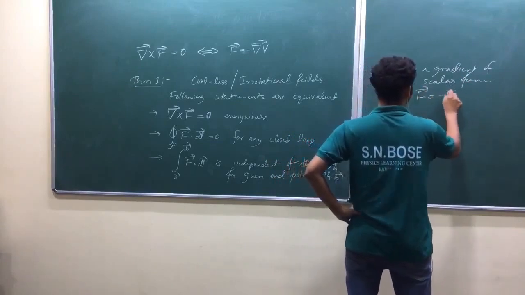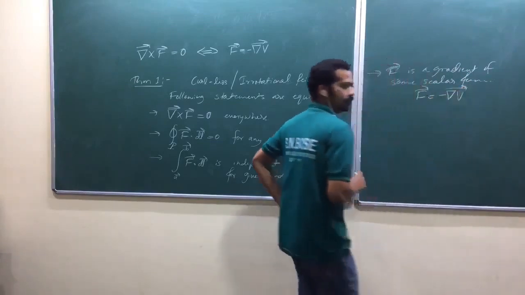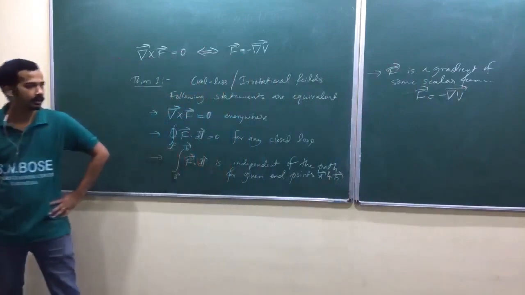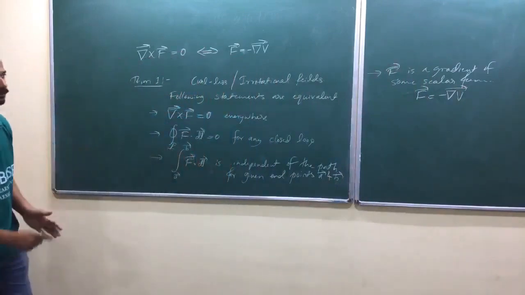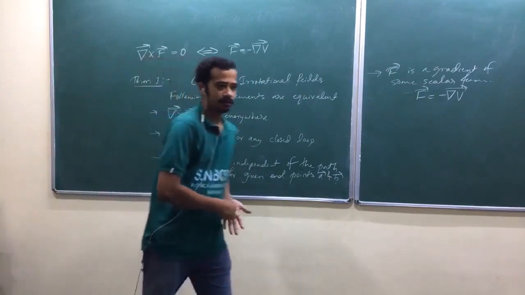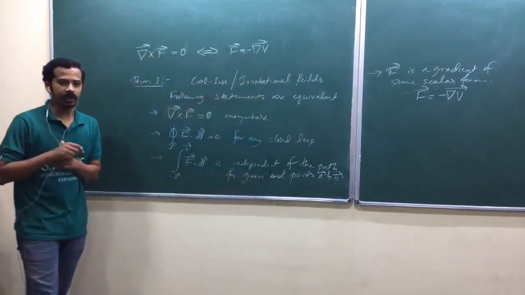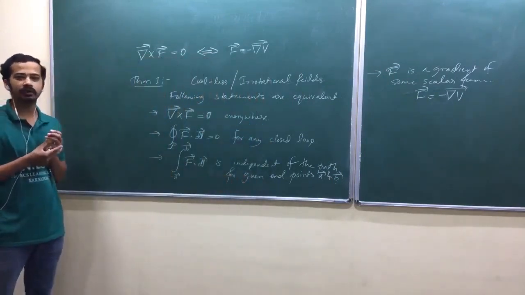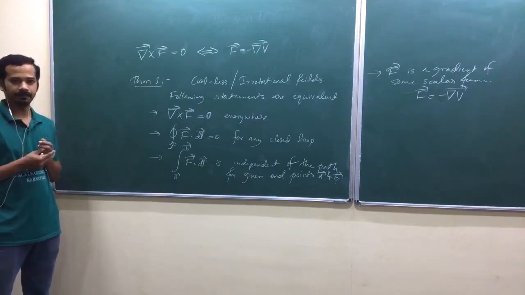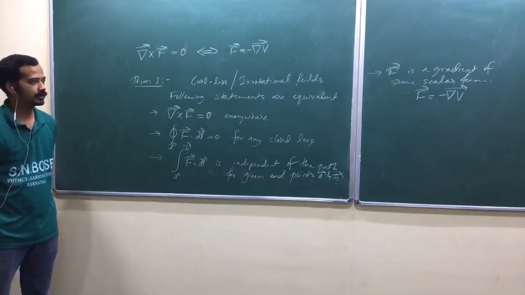F should be minus del V. F is a gradient of some scalar function. These sentences are equivalent. Now you can start with any one of the sentences, you can go for the other. Is that okay? You can start with any one sentence. You can go for the other.